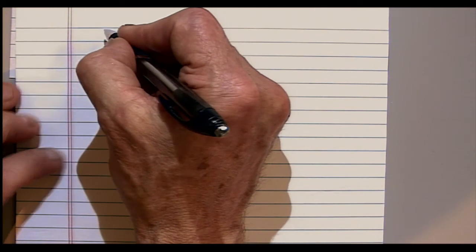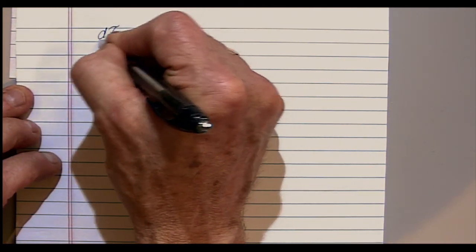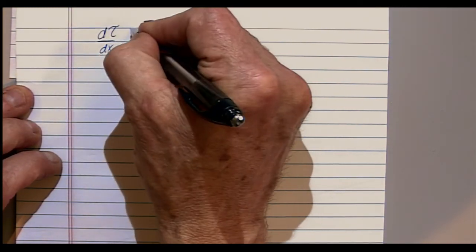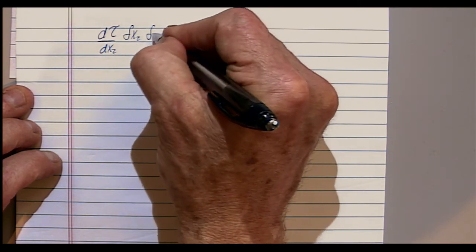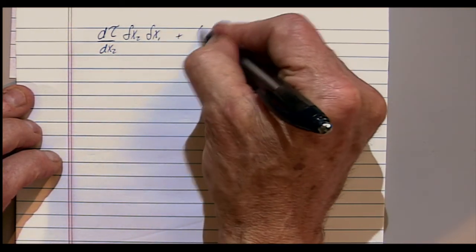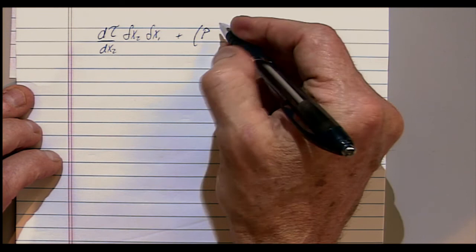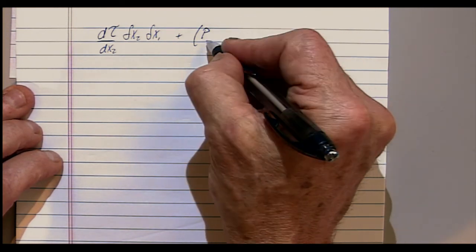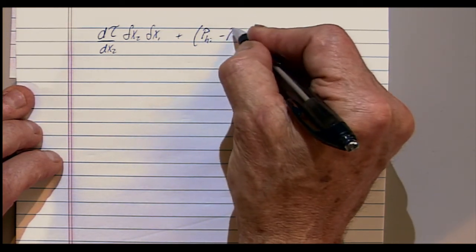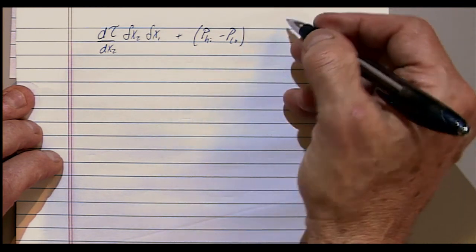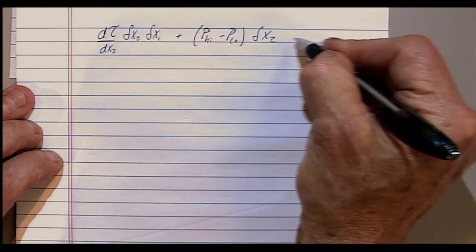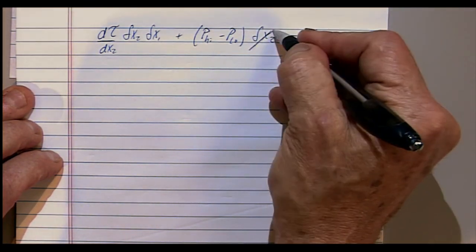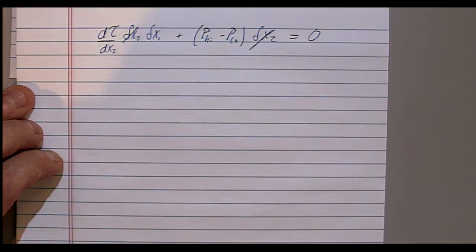So we've summed the forces, set them equal to 0, and now we're going to simplify this expression. If we do, we're going to end up with d tau dx2 times delta x2, delta x1, plus the pressure on the high side minus the pressure on the low side times delta x2. We can cancel out the delta x2s, and we're left with an expression.